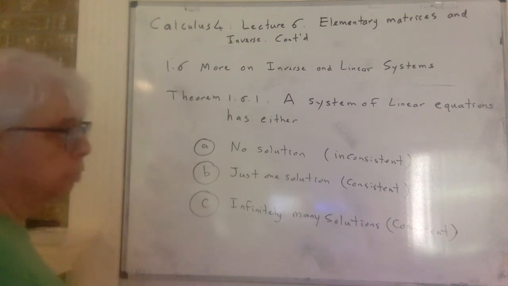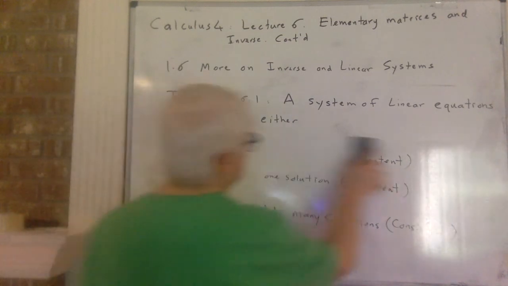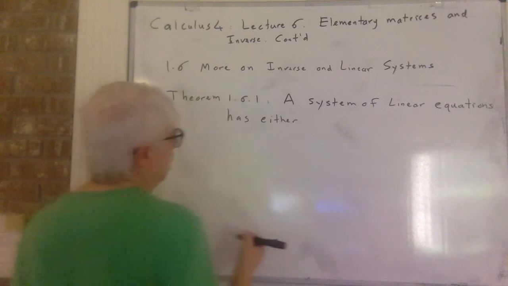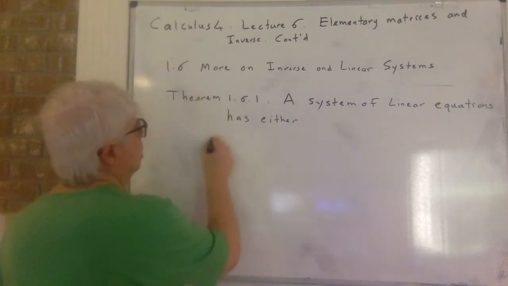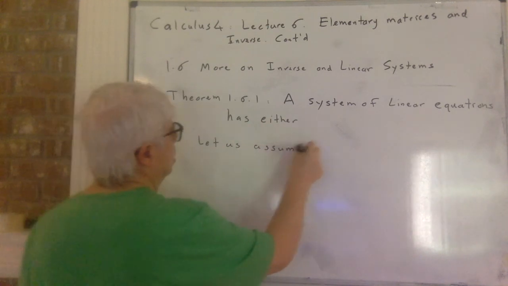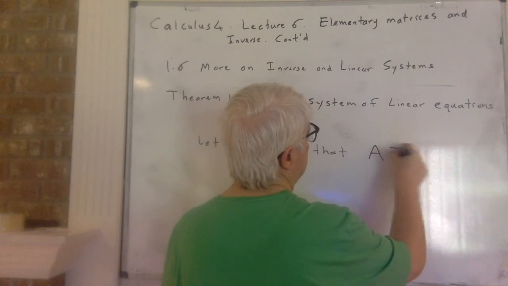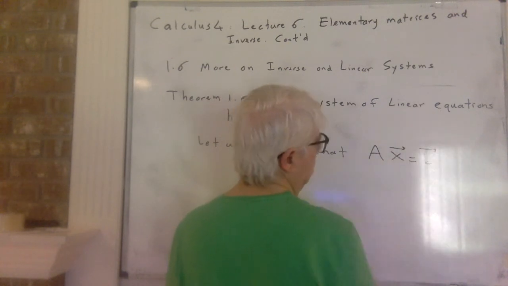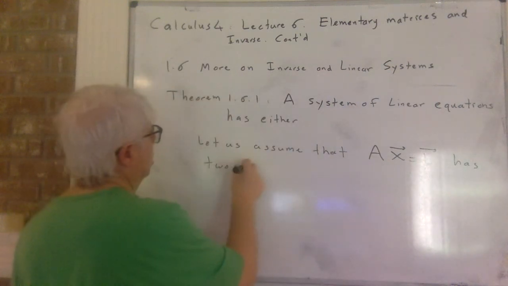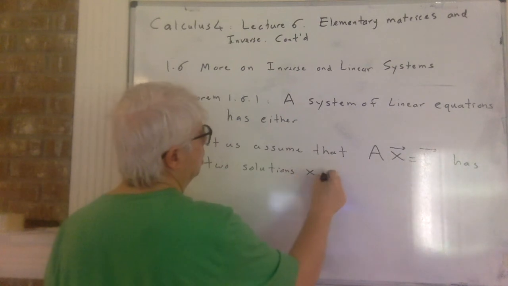What if I have 2? So let's look at the situation that the system has 2 solutions. Let us assume that, remember a system, I can write it as Ax equals b, right? It has two solutions, x1 and x2.